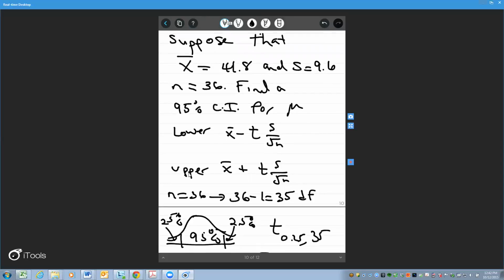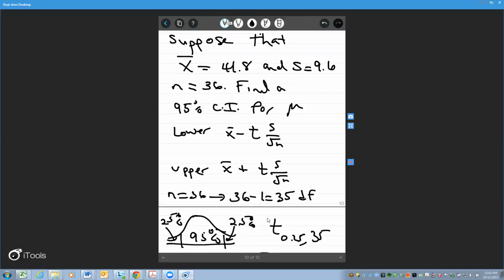The other aspect of the t distribution, when we're going to look things up in the table, is knowing what column for us to look in. Well, with a 95% confidence interval, that means I'm getting the middle 95%. So that means there's going to be 2.5% left over in each tail.